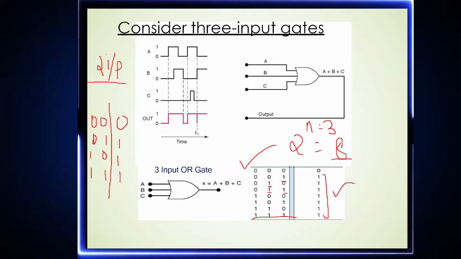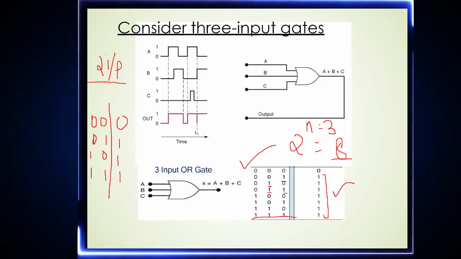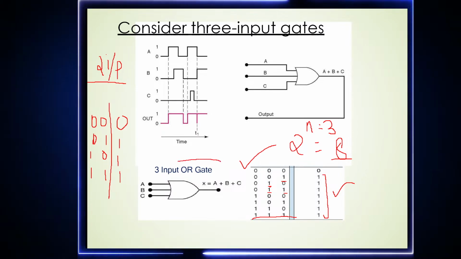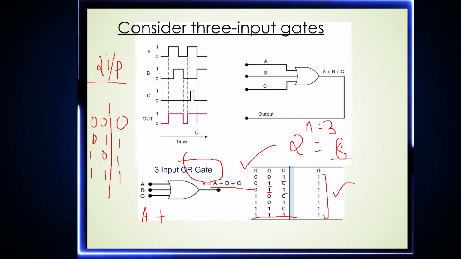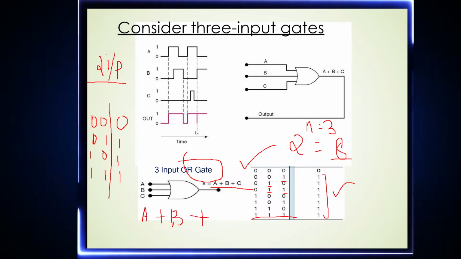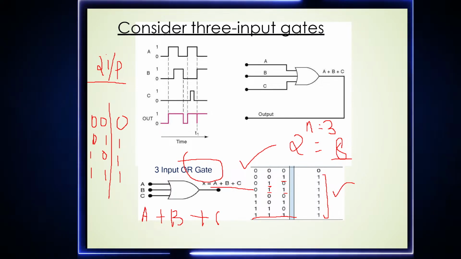If we give an algebraic representation to a 3 input OR gate, what will it be? It will be nothing but the sum of all the inputs, that is A plus B plus C. Very simple.